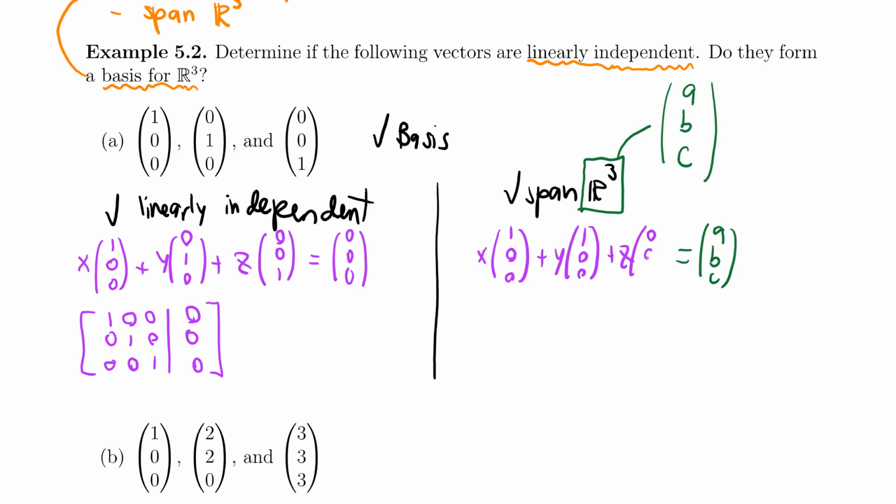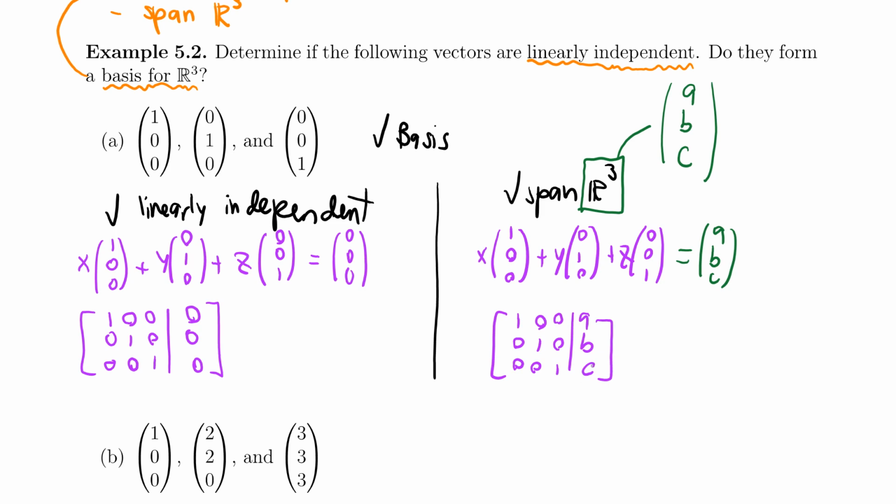c times 0, 0, 1. Okay, and once again, I write the augmented matrix for this vector equation. Wait a minute, okay, this needs to be 0, 1. And once again, this is already in the reduced row echelon form. And the solution is x equal to a, y equal to b, and z equal to c.